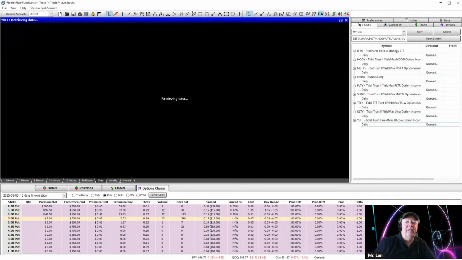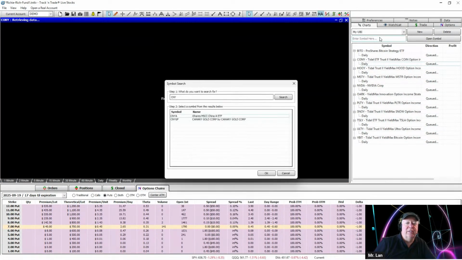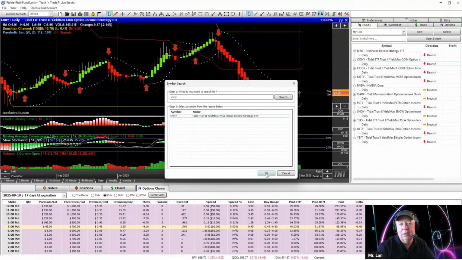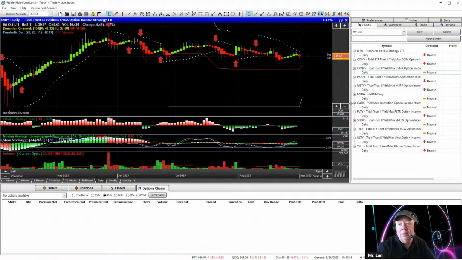So this is our list of Yield Max funds. Oh, I did make a typo. Which one did I screw up? I don't know if that's CVNY. CVNY? Yeah, I think it's that one. Did we get CONY in here?